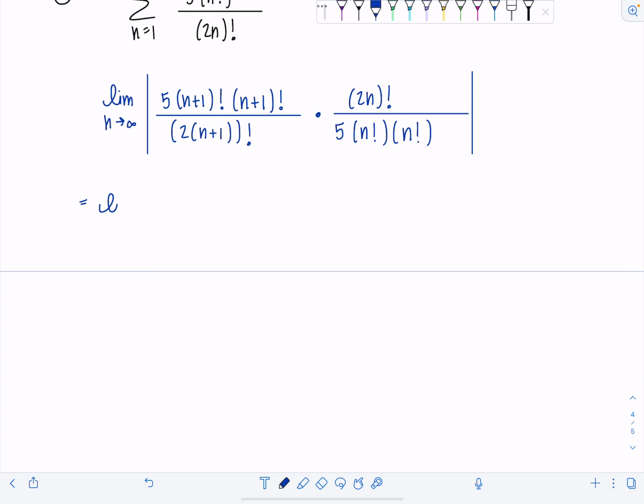All right, so we've got the limit as n approaches infinity. We have 5 up here. Now, (n+1) factorial, you're probably super comfortable breaking that down. It's going to be (n+1) times n factorial, and then another (n+1) times n factorial. That's going to work out perfectly because we have these two n factorials sitting down here. Everything's going to cancel so lovely.